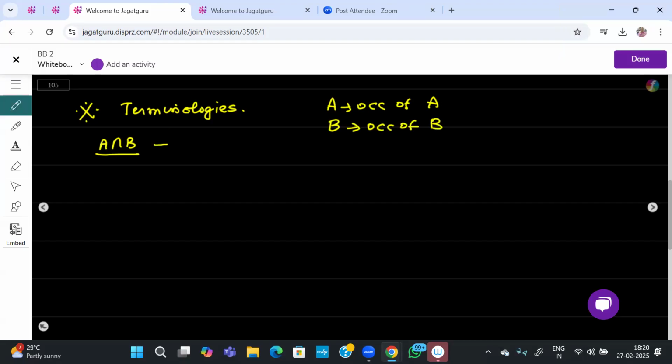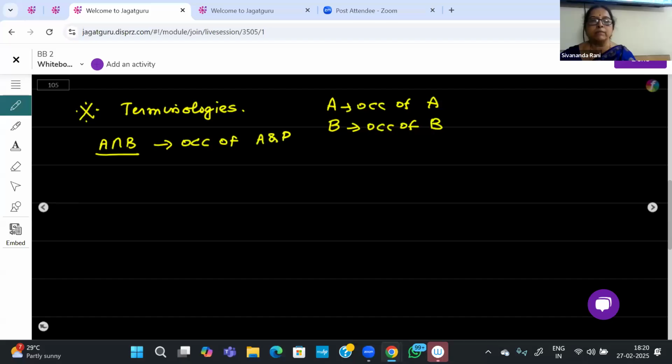It is the occurrence of both the events, A and B. Very good. So that's what we need to know. Intersection always stands for and.